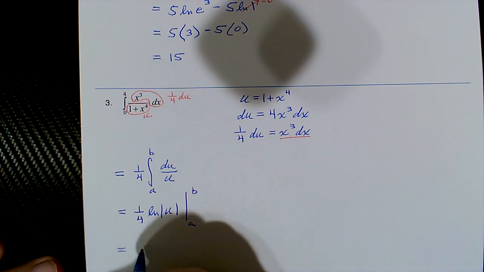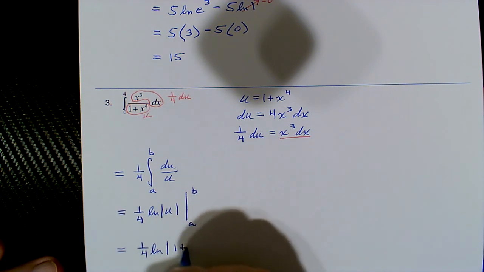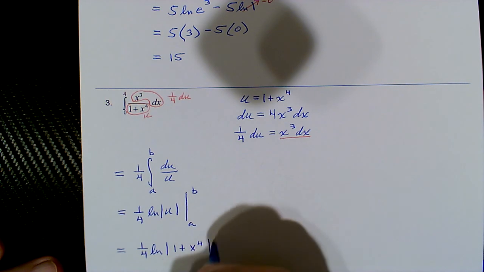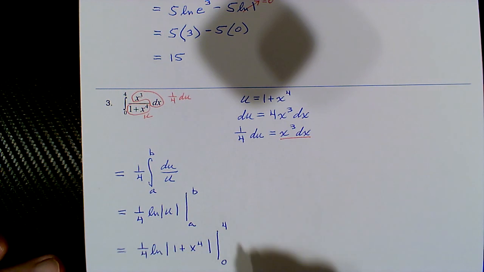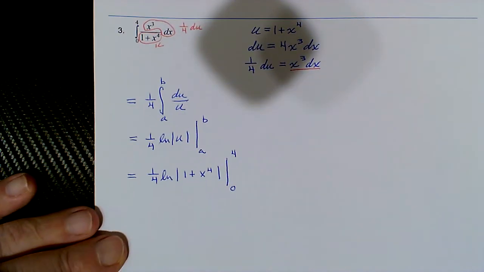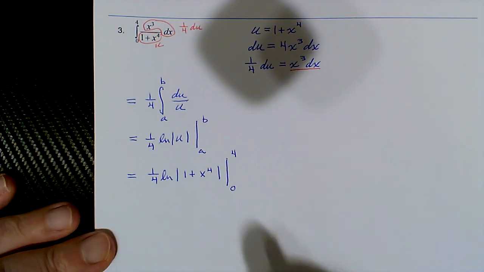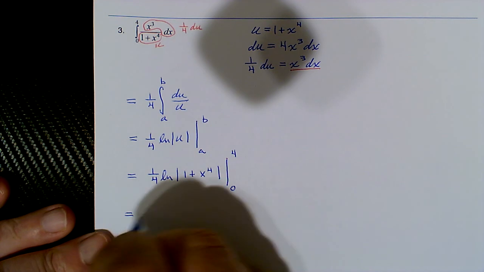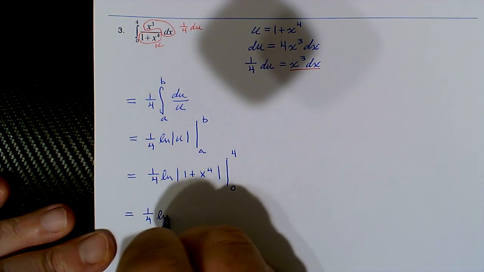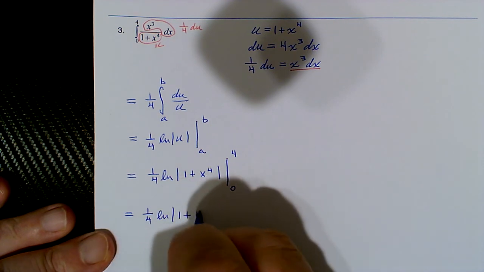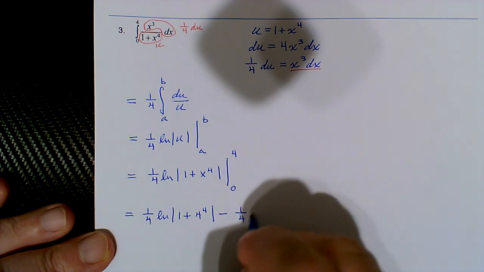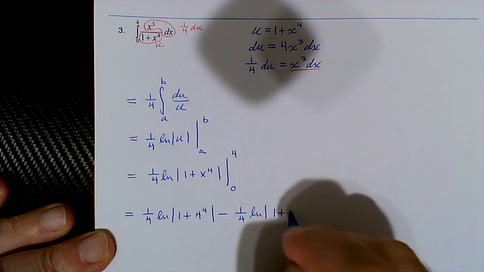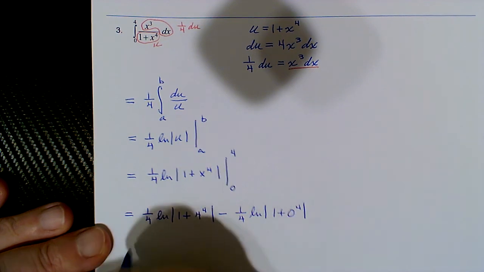Now we're going to put back the u, so 1/4 natural log absolute value 1 plus x to the fourth, evaluated. Now I can say I'm going from 0 to 4. Okay, so then upper limit goes in, 1/4 natural log absolute value 1 plus 4 to the fourth, minus lower limit goes in, 1/4 natural log absolute value 1 plus 0 to the fourth.